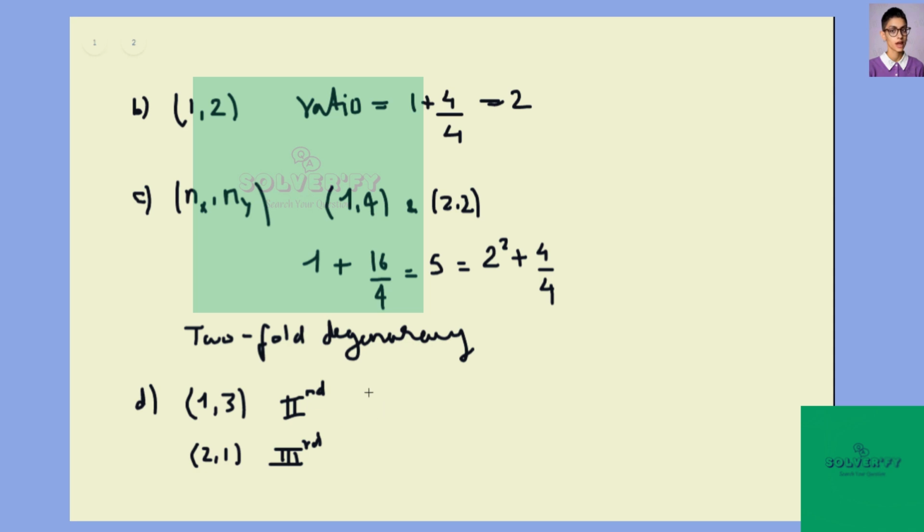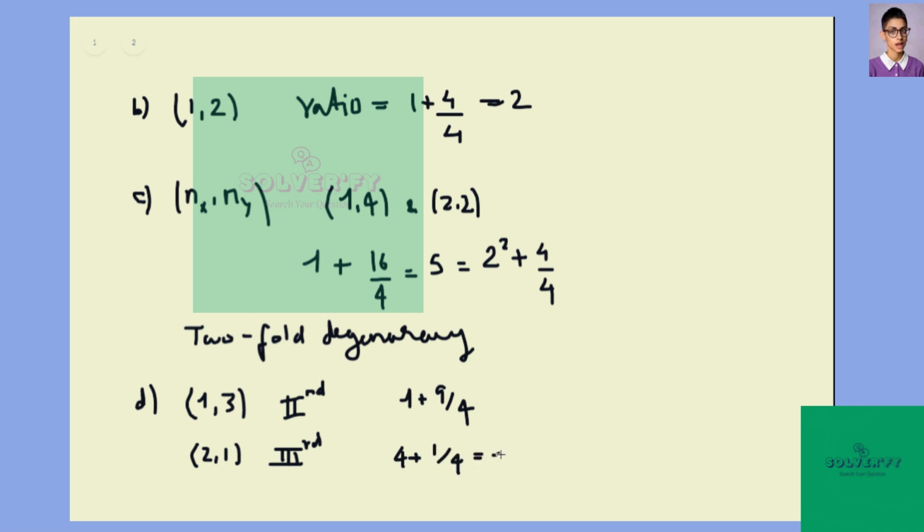The difference in energy would be, we'll make this combination first, which is 1 plus 9 over 4 because it is 3 square, and then 2 square is 4, plus 1 over 4.